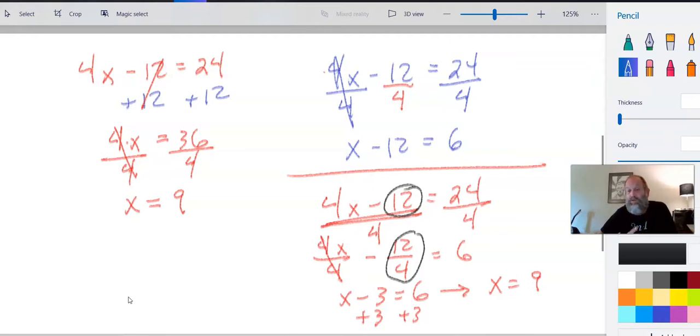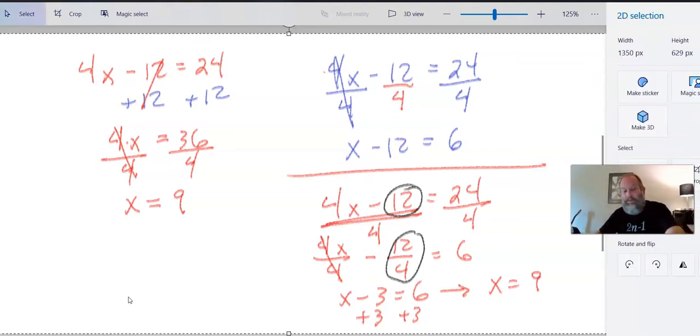So you really do want to start with undoing the addition and subtraction first, then look at multiplications and divisions, see what you can do about those. But there's a lot of different ways to do these. And sometimes the thing that works for one doesn't work for the other, and you have to do it a different way. So, all right, let's go ahead and take a look at the next example here.